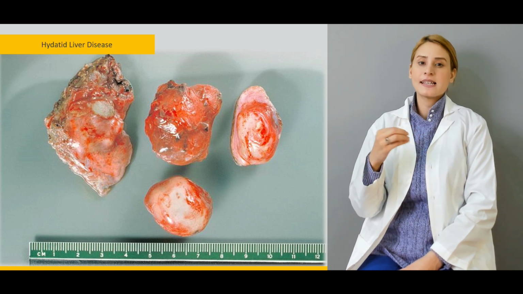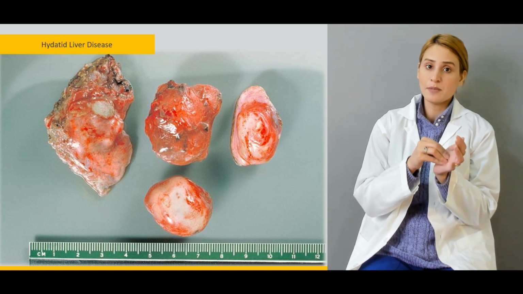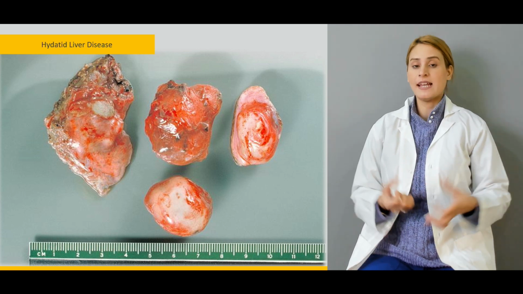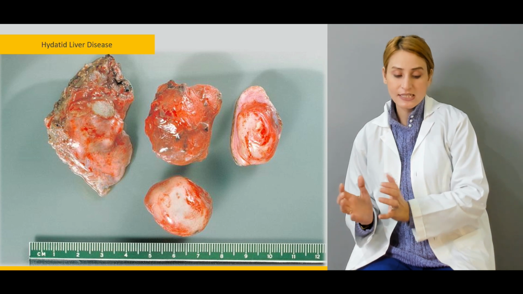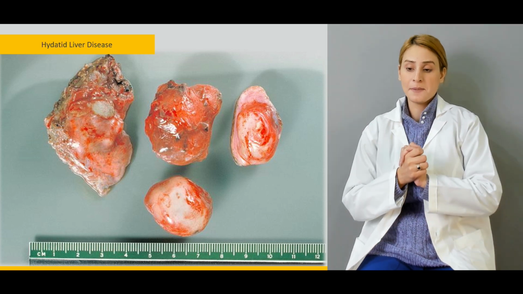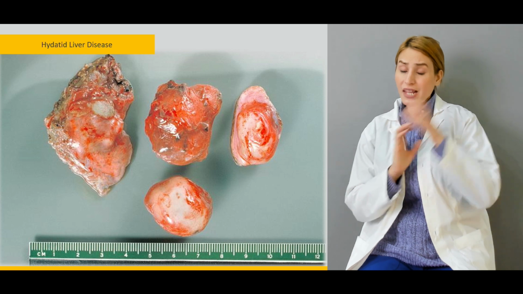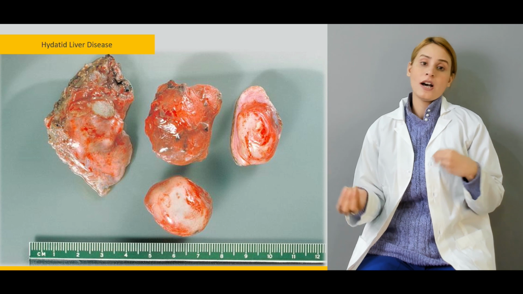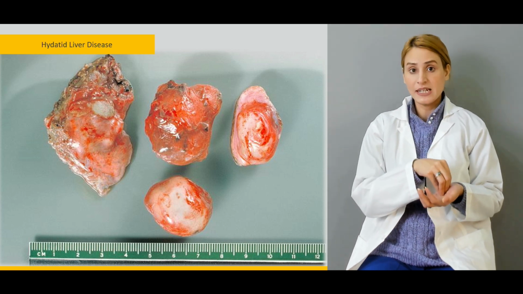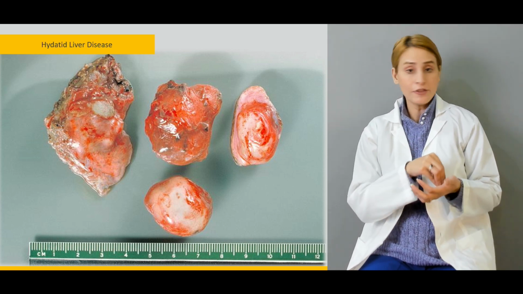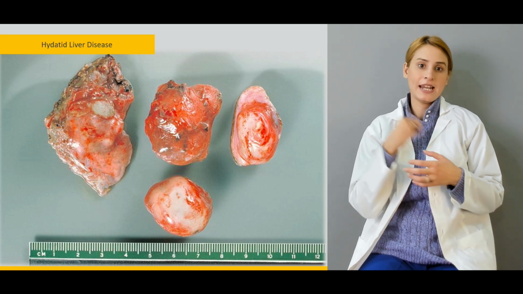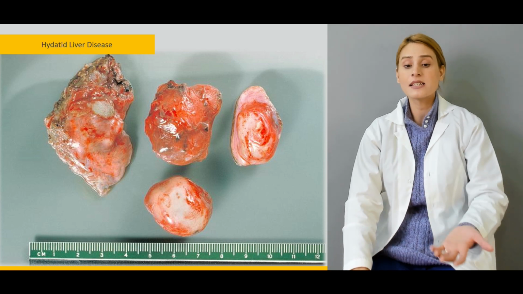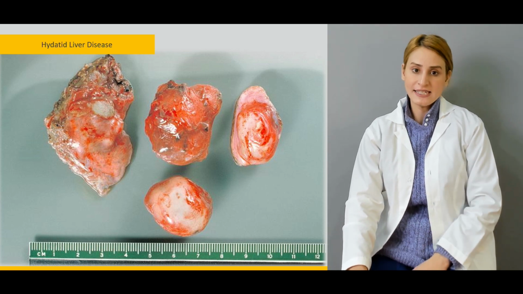Their ova can be transmitted by fecal-oral contamination and ingested by humans, and all the way coming to the intestine, they enter the portal blood and go all the way to the liver. Then the ova are embedded in the liver parenchyma, and they flourish and become the full-blown parasite. They cause the disease which is called hydatid disease of the liver.